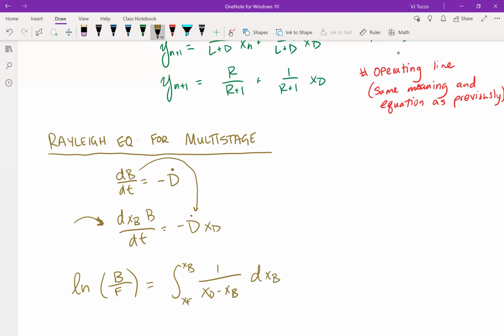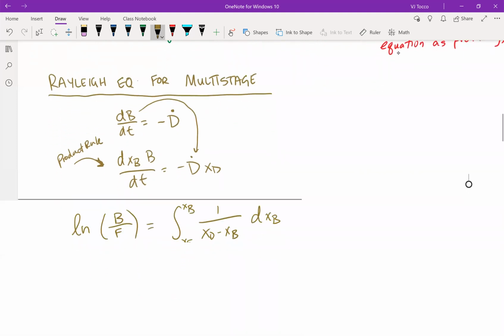All right, so practice deriving this Rayleigh equation, doing the same steps I did. Again, product rule to distribute this differential term, plug in dB dt for minus D dot, multiply through by the dt, and then separate variables and integrate.